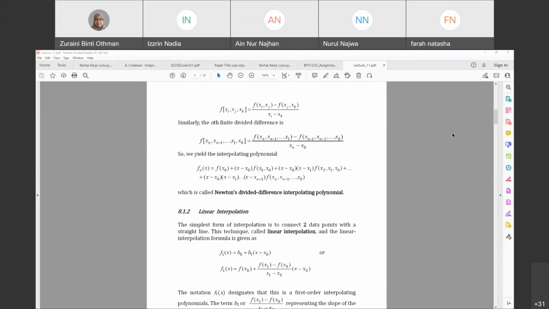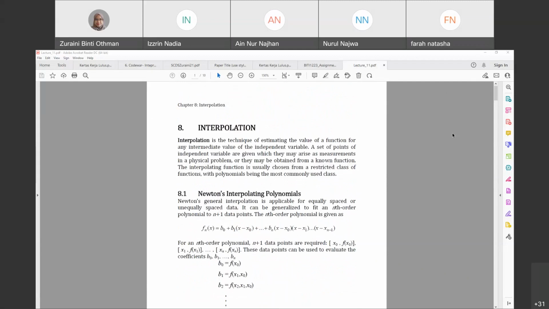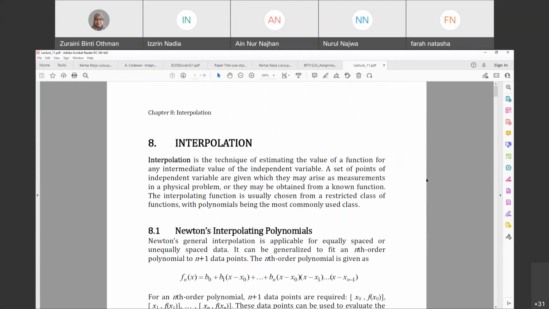Previously, for the numerical method, when I taught engineering students, for the interpolation assignment I asked them to develop one program, which means they had to write it in any programming language.